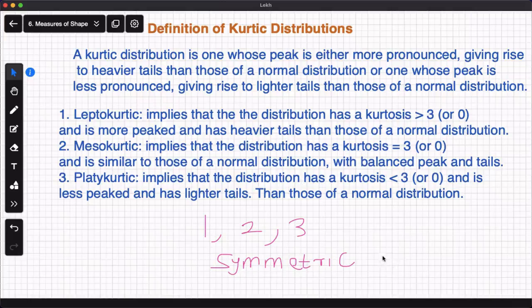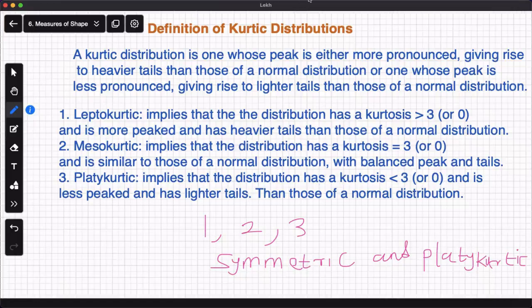Symmetric and platykurtic. So that's it about this one. Some other distributions may be symmetric and leptokurtic, maybe symmetric and mesokurtic. It may even be skewed and leptokurtic, and other combinations like that.